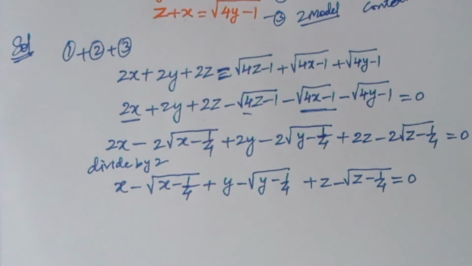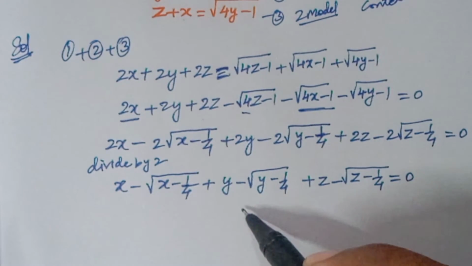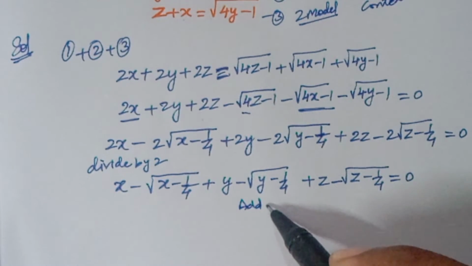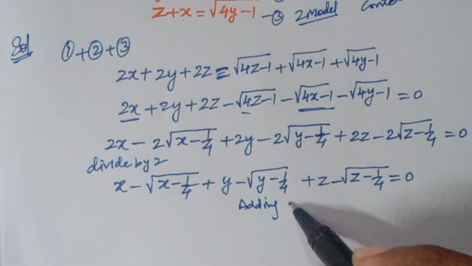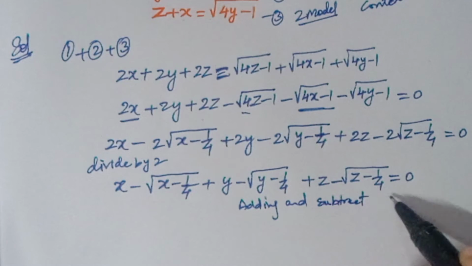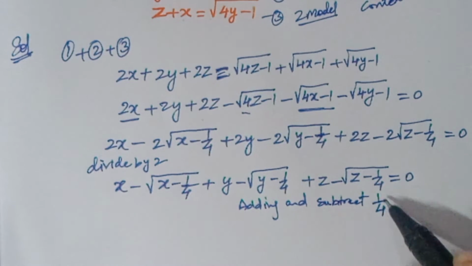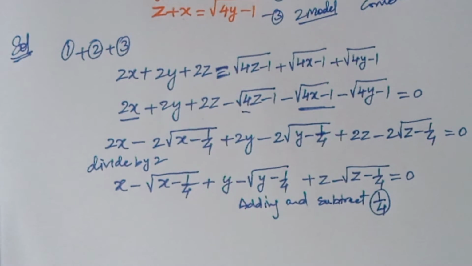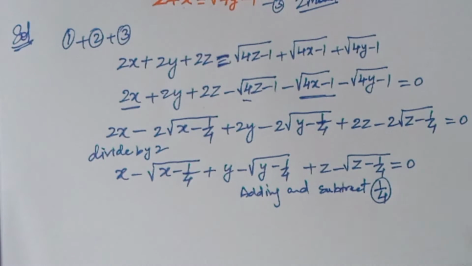So here the logic is adding and subtracting 1 by 4. Each term we will add 1 by 4 and subtract 1 by 4.